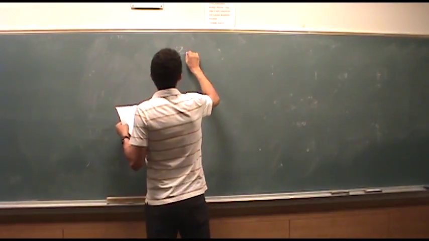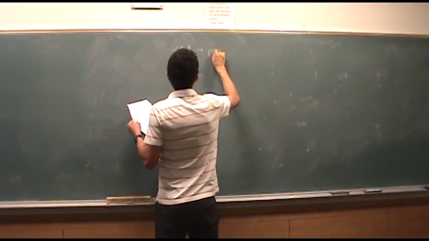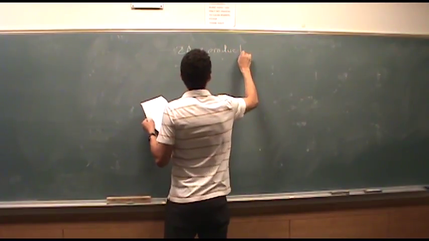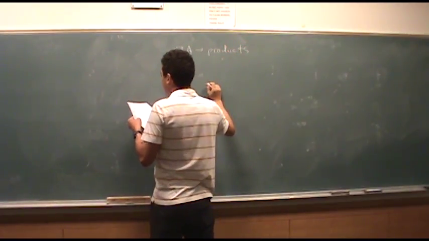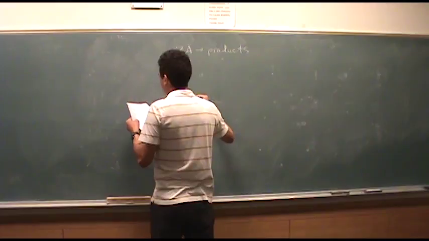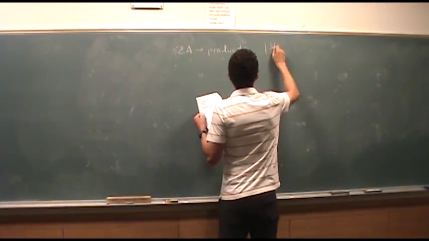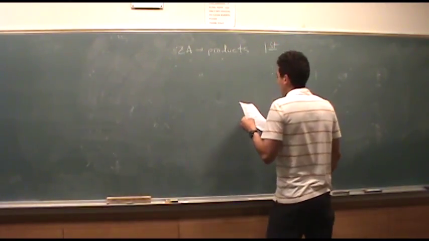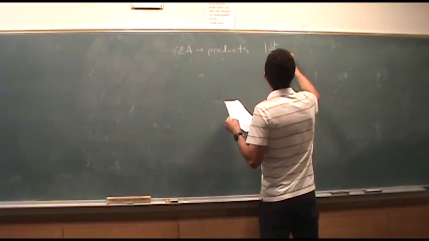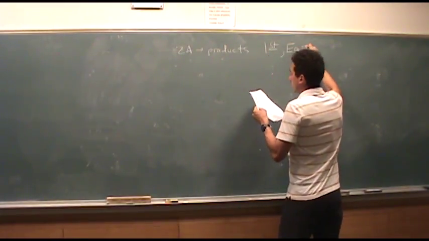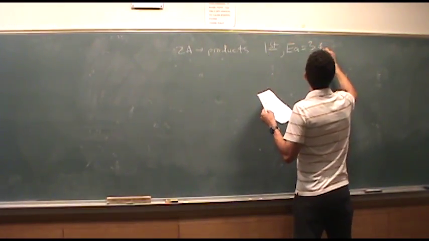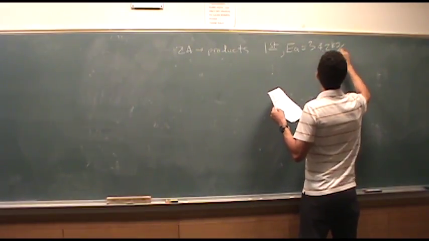We've got reaction 2A goes to the products. Consider the reaction represented by this. The reaction is first order. Its activation energy is 34.2 kilojoules per mole.